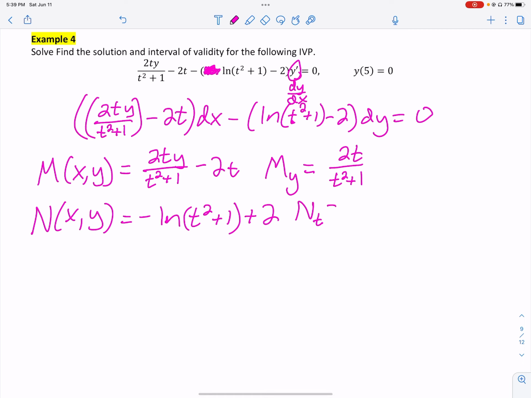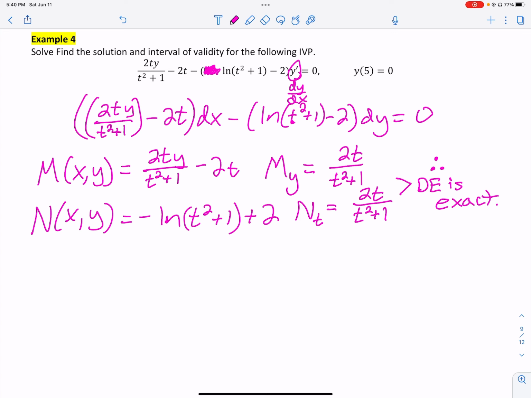T is our x. Then I have 1 over t squared plus 1. That's the derivative of ln of something. Chain rule gives me a 2t up top. These two things being equal tells me the DE is exact.